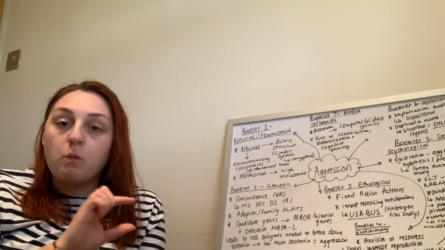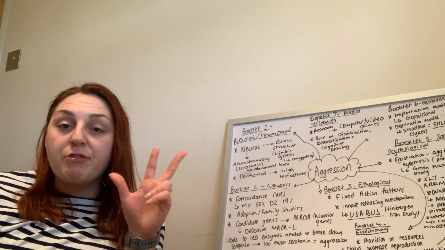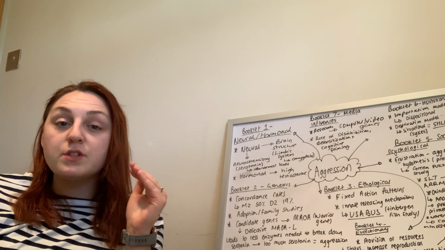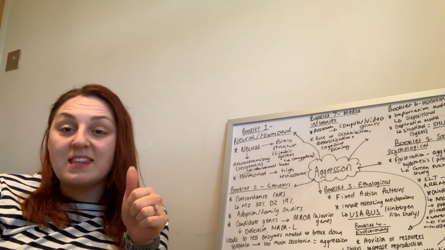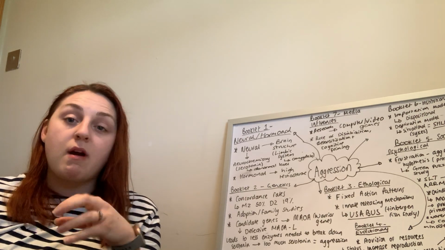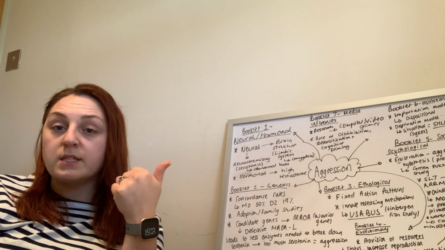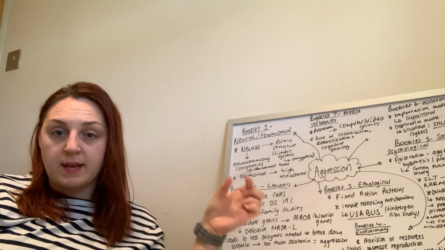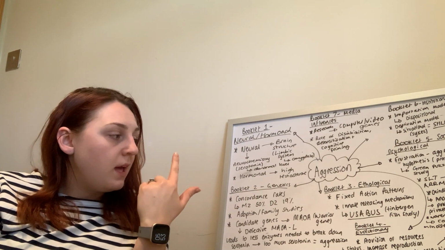A bit like a defence mechanism, serves the purpose of protecting us. So if we think about that word innate releasing mechanism in the context of aggression, there are 3 bullet points that from the exam specification you have to include in your answer in order to get the marks. So the first key thing you would need to include if you were describing an innate releasing mechanism is that it is a hardwired brain network. Use that exact language, hardwired brain network. So this is something that is ingrained within you.